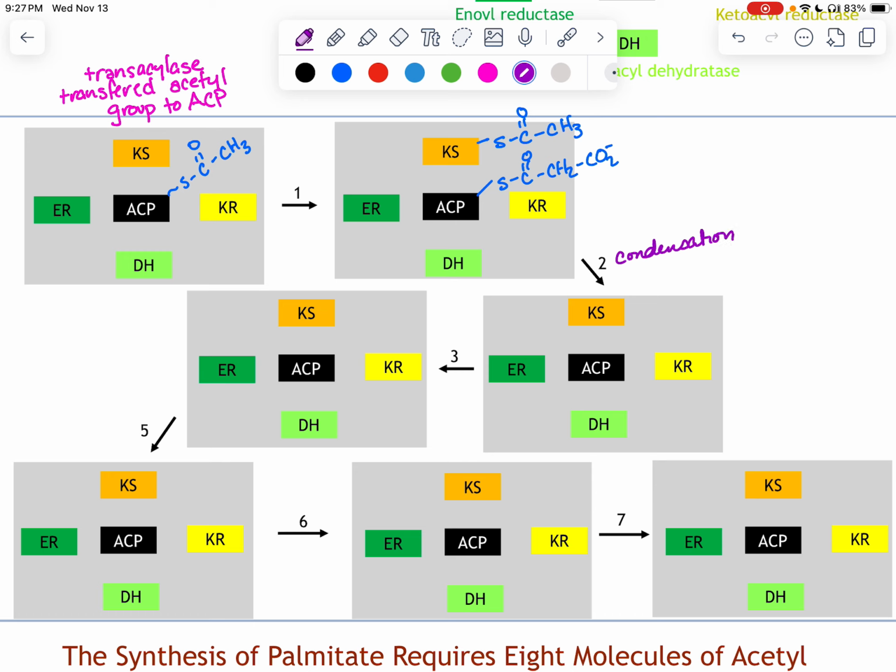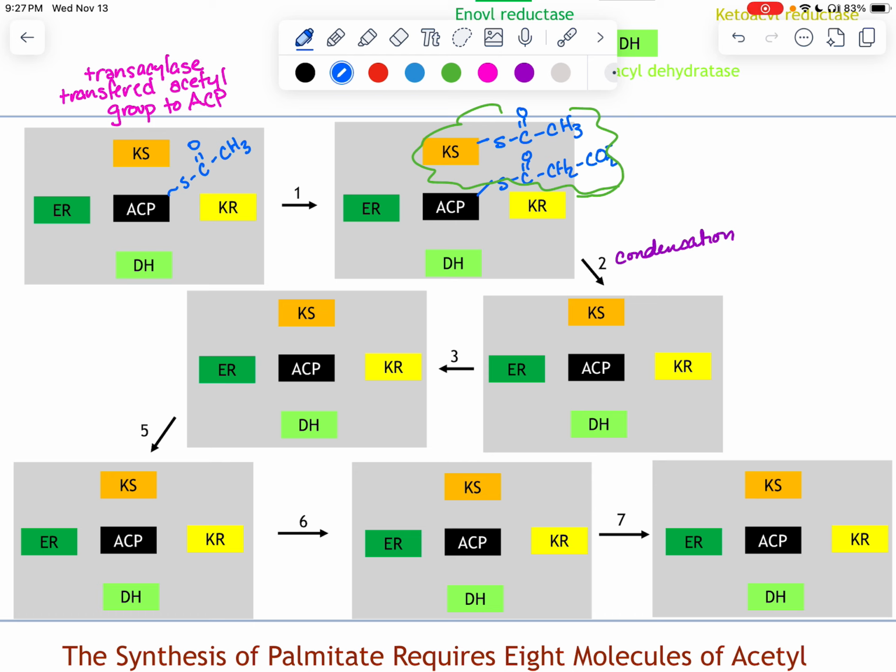All right, so what's going to happen is the acyl carrier protein is going to essentially bring these two pieces together in the active site, okay, of that KS one. And when it does that, all right, they react. We get that condensation reaction.